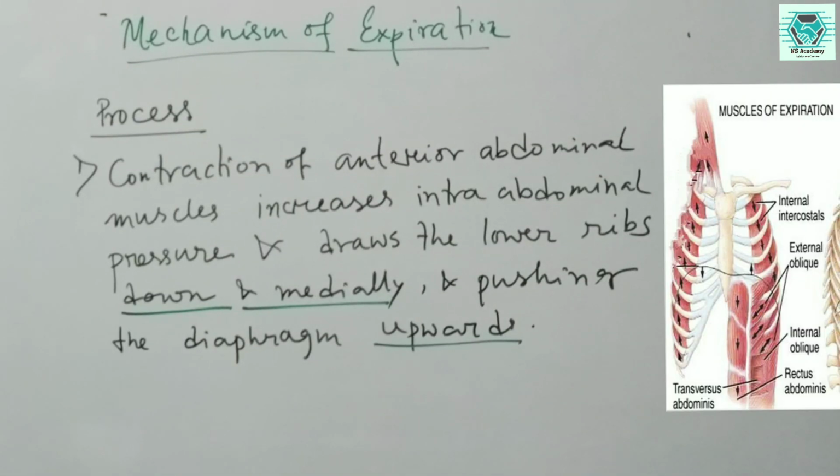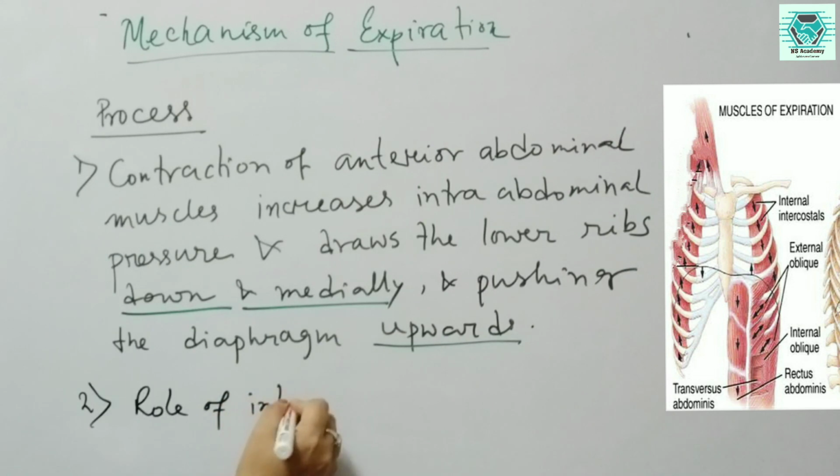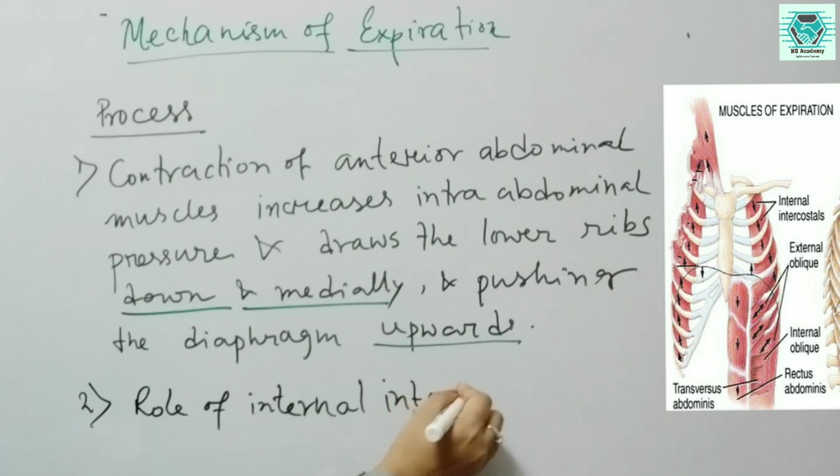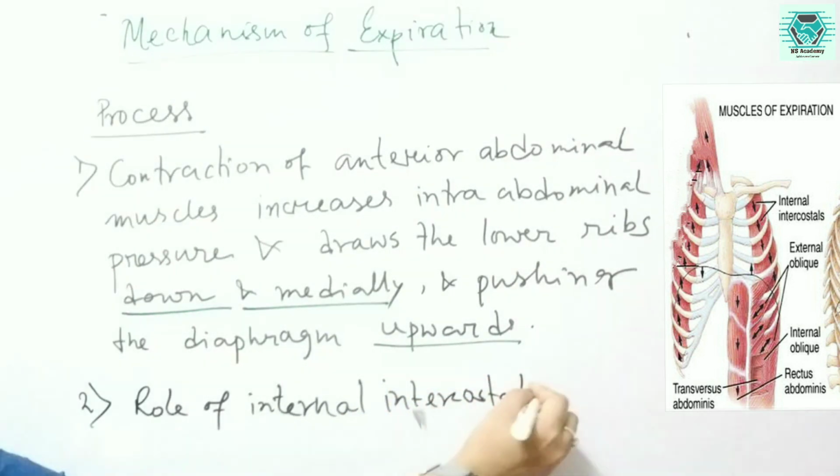below, the diagram shows how the internal intercostal muscles help. They pass obliquely downwards and posteriorly from rib to rib. So this is the role of the internal intercostal muscles.